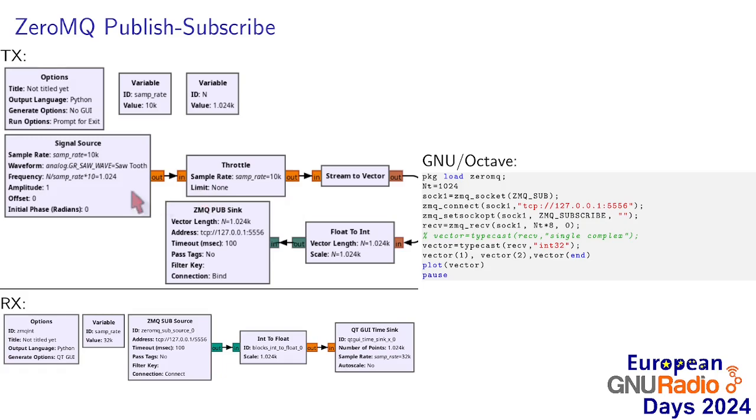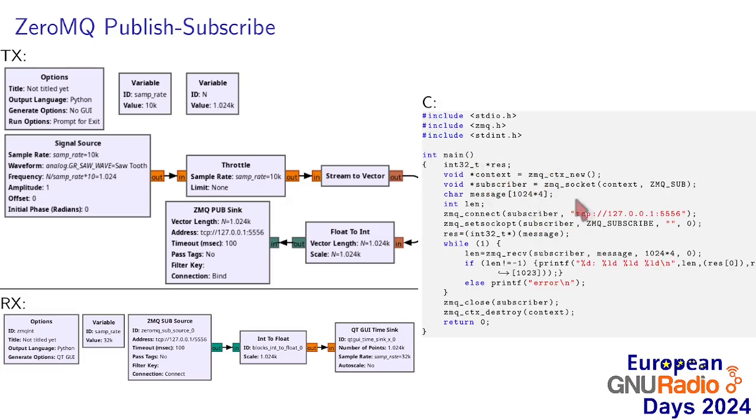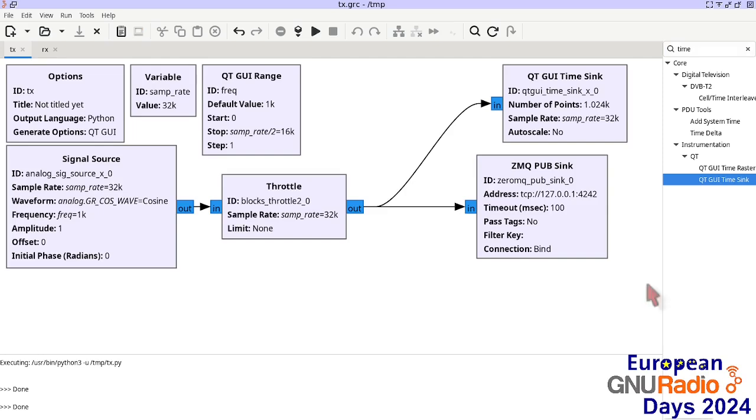So you see that in this case, GNU Radio can very efficiently interact with Octave or Python or C language. In the C language, you've got the ZMQ socket and the same story. So this allows us to efficiently stream data from GNU Radio to external tools.